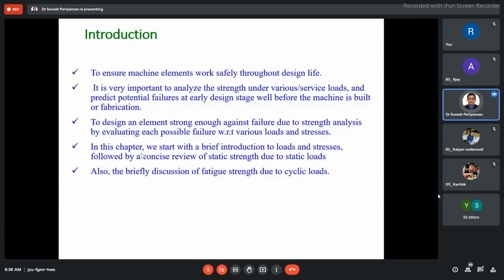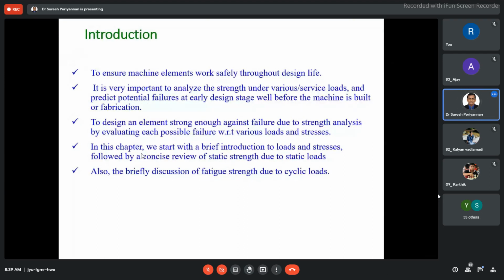Once we identify this, we can go for building the machine component or fabrication of the mechanical system. So it is very important to analyze the strength under service loads and predict failures at the early design stage, well before the component or system is built or fabricated.